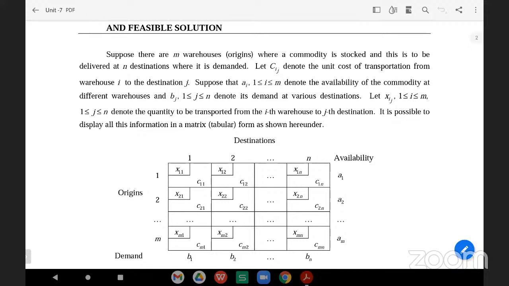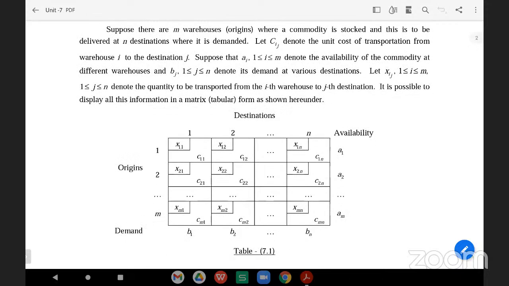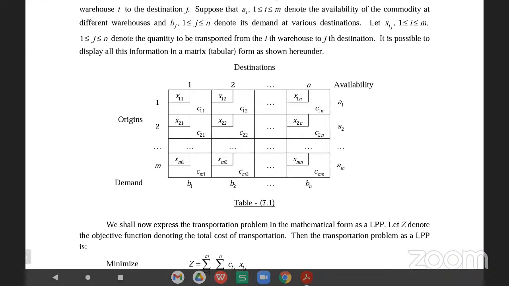Now, the origins have availabilities A1, A2, so on, Am, and the demands are B1, B2, so on, Bn. Here is the best example. I have companies 1, 2, so on, m companies.